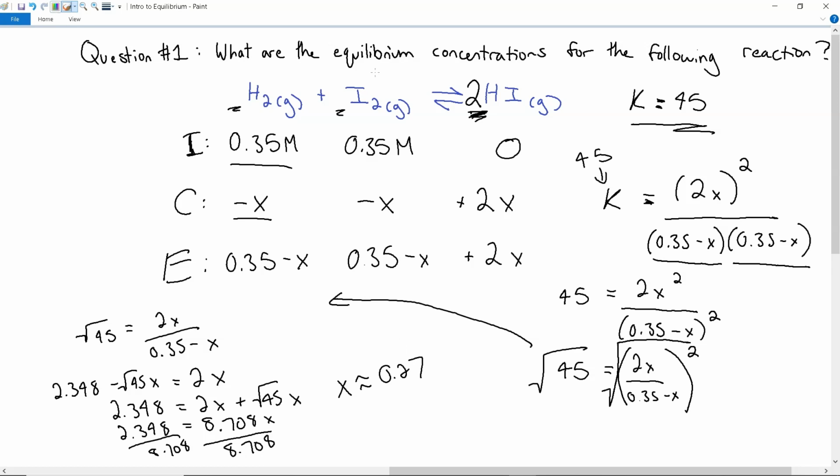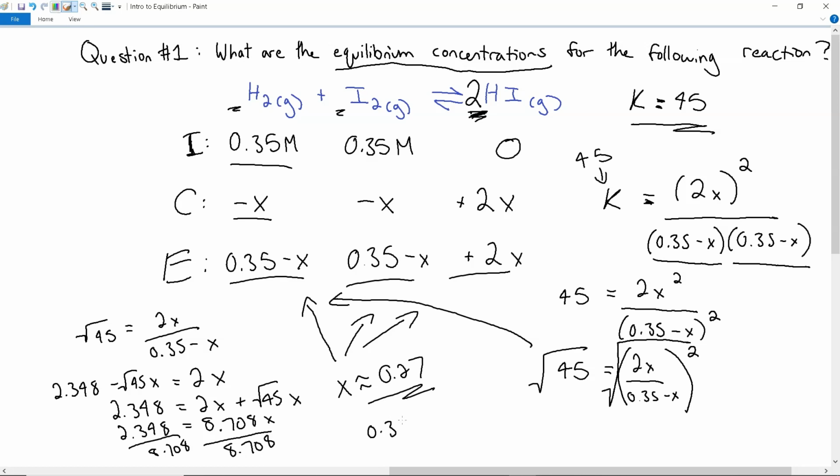So, great. We have our change in our concentrations, but that is not the equilibrium concentrations. For that, we need to plug this value into all three of our equilibrium terms. So 0.35 minus 0.27 is going to give us 0.08.